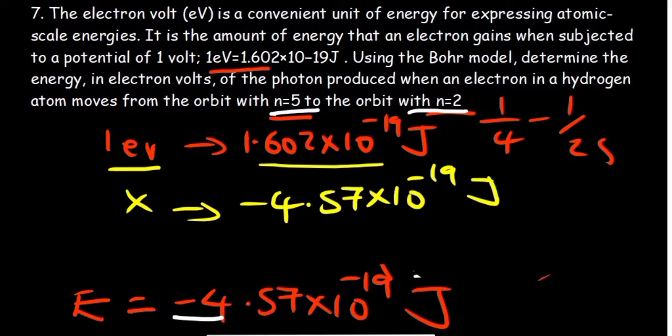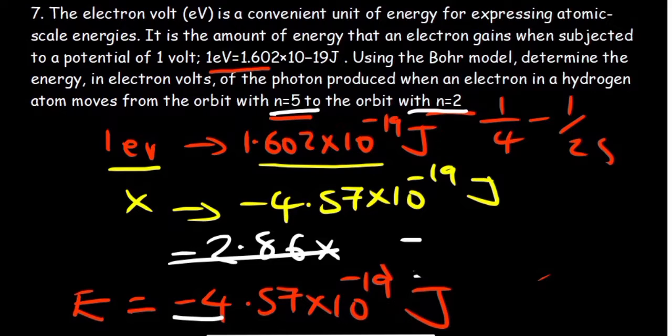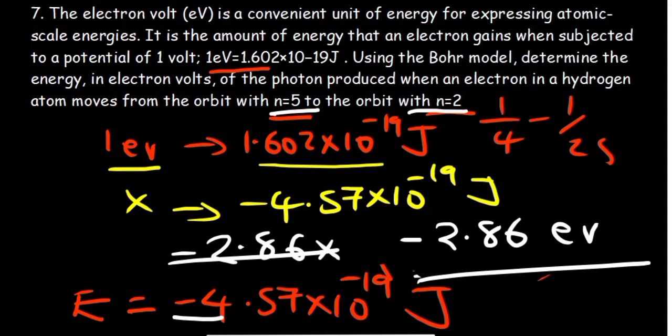What I'm getting as our value in electron volts is negative 2.86 electron volts. So that's our answer in electron volts.